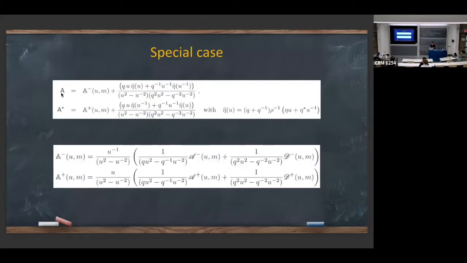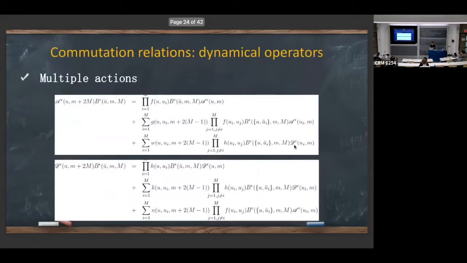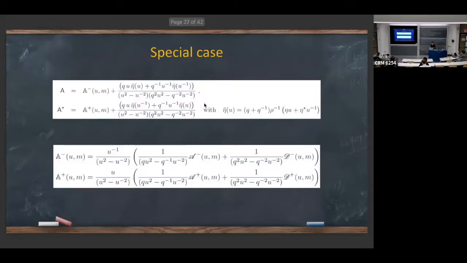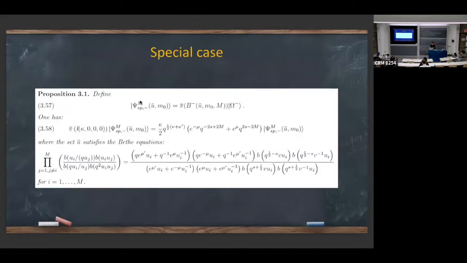So here is what we find. A is just a sum of A minus and D minus. And when we apply these to some string of B operators, we see that we get wanted and unwanted terms. And the final solution is given here. We define psi minus, special minus, as a bunch of creation operators applied to omega minus, for example.